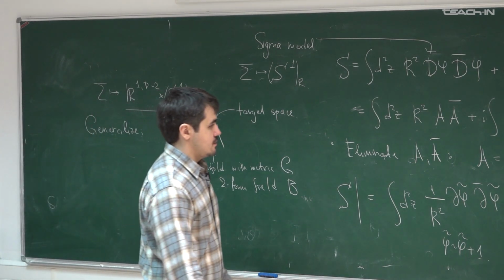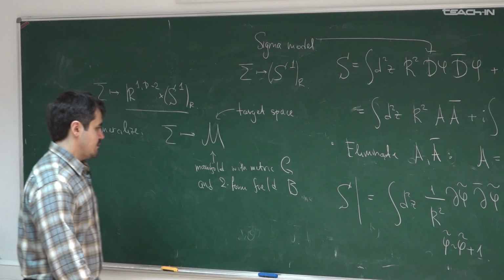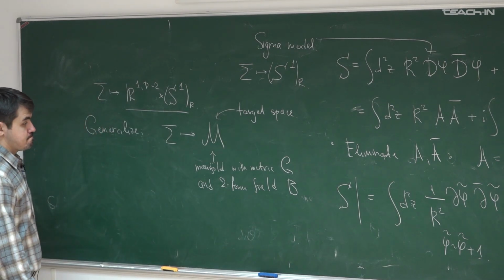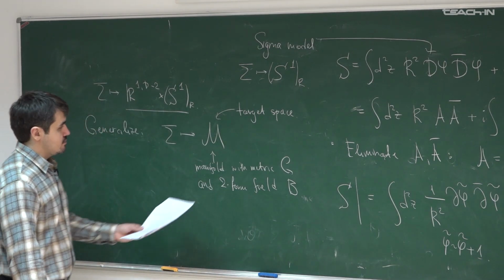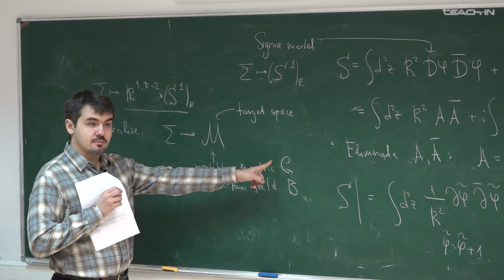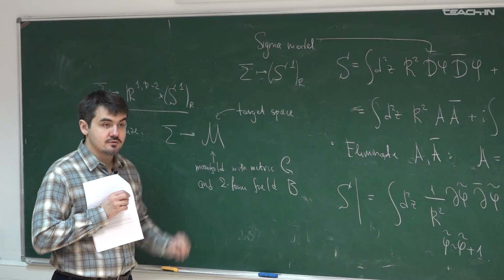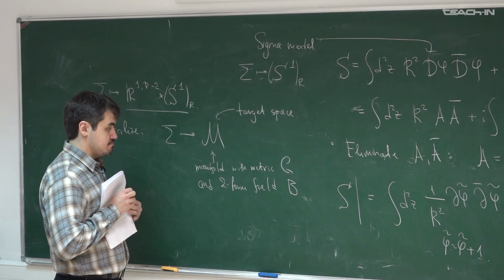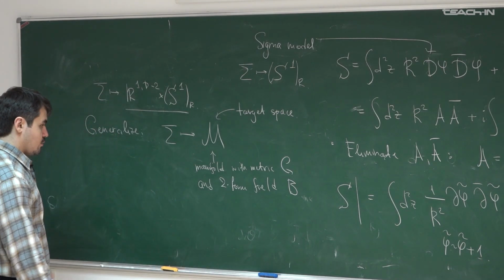So you see, if we have a two-dimensional field theory of this type, it is natural not only to consider a symmetric field G, but also a skew-symmetric field B. Why is that natural?